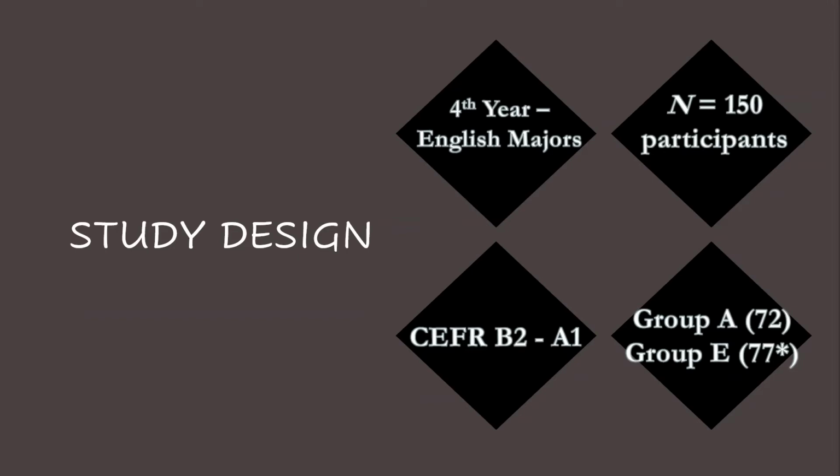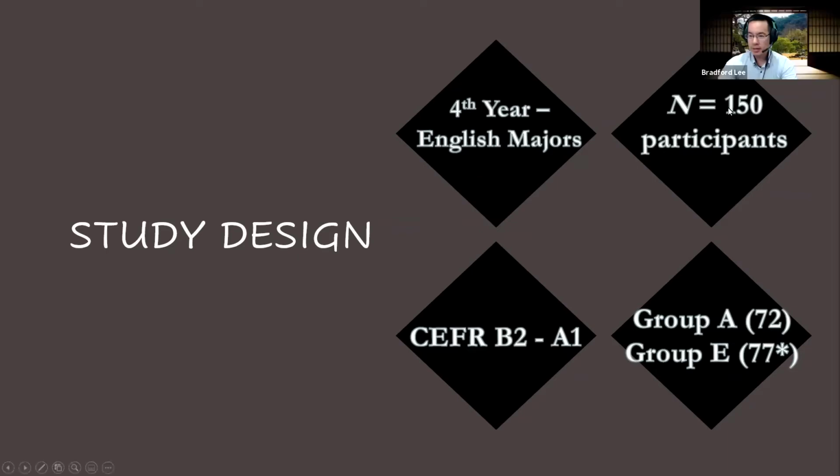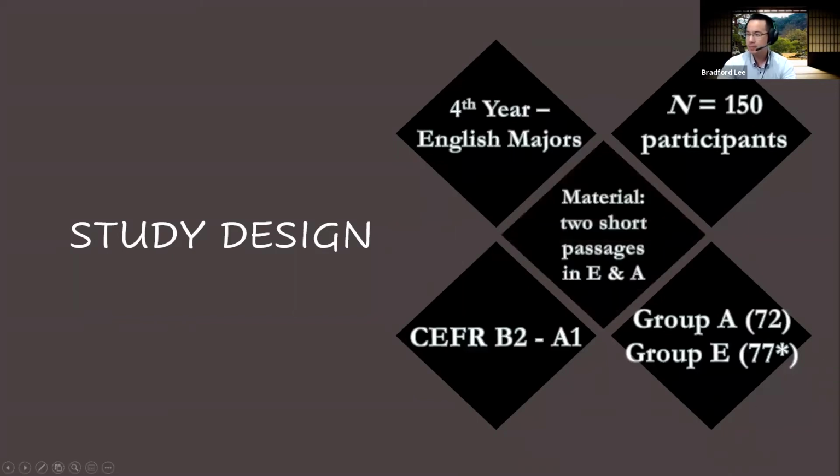Group E will do the typing in English, and there were 77 students. The difference from 150 is because there was one student we had to eliminate from Group E, as his data was an outlier.